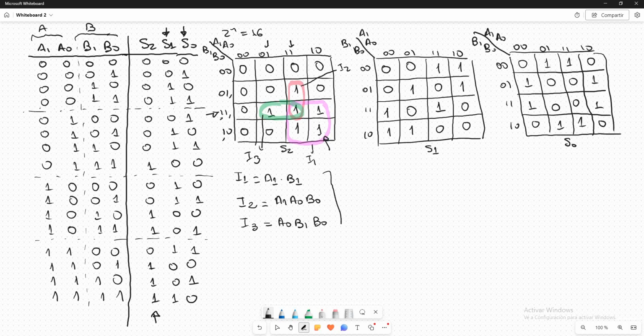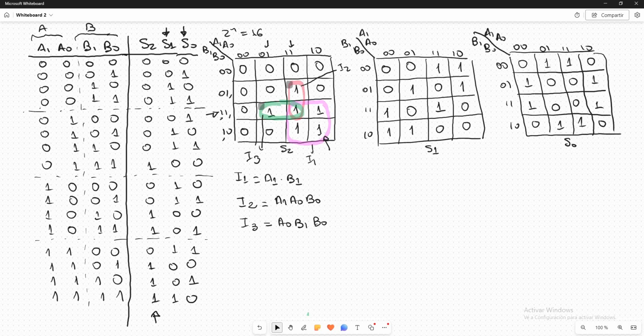Okay, so now we are going to look for the essential prime implicants, those covering distinguished cells. In this kind of map, it's quite easy to find the distinguished cells. Remember, the distinguished cells are those that are only covered by 1 prime implicant. This is a distinguished cell because it's only covered by implicant 3.